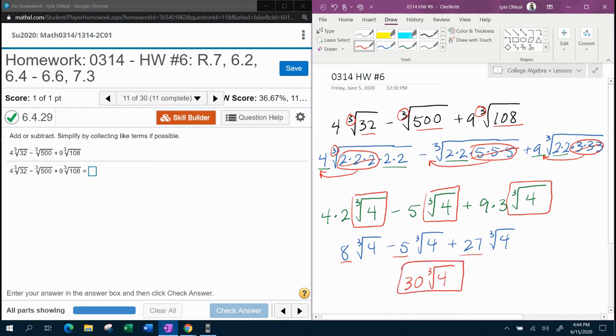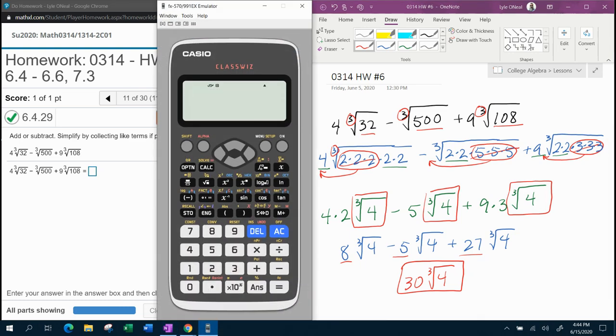Now, one more thing before I put that into MyLab Math and check it, I do want to show you how to use the Casio ClassWiz to check and see if we're right, okay? So what I want to do is put the original problem into the calculator and see if it works out to be the same value as my answer.